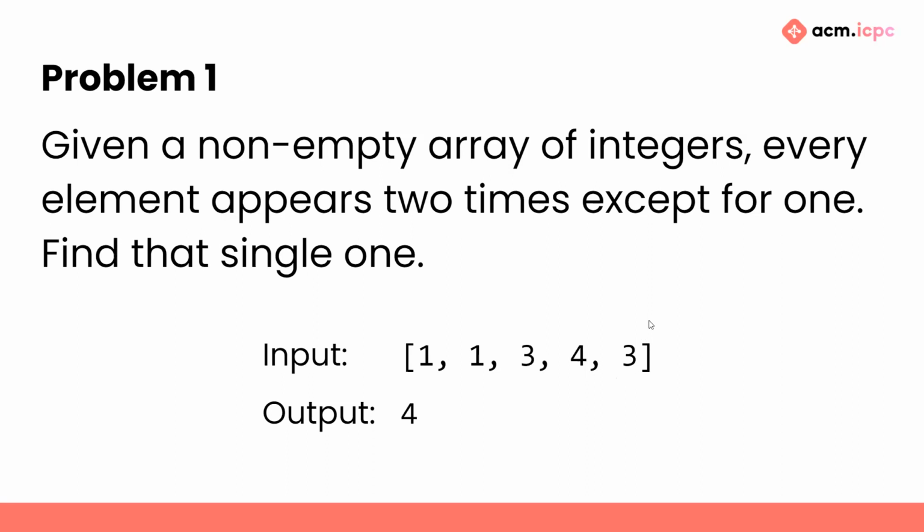So the array would look like 1, 1, 2, 2, and 4 for this input. And if you check 1 and 1 and they're the same, then you know that there's a pair. And then you move on to the next pair. And you keep doing this until you get something that is different. And so if you get two numbers that are different, you know that one of those numbers is the single one.